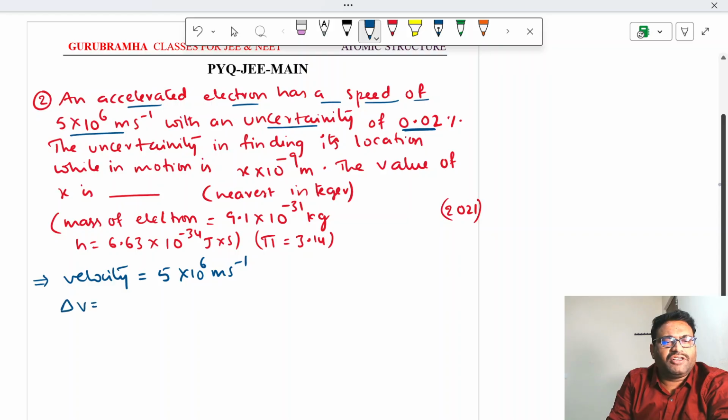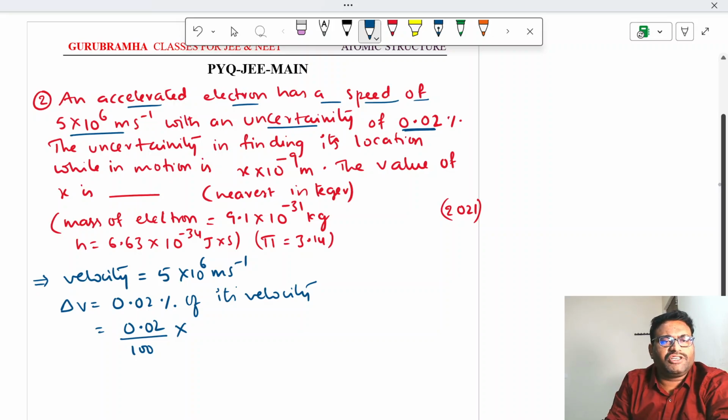So delta v is equal to 0.02 percentage of its velocity. So that is 0.02 by 100 into its velocity, which is given as 5 into 10 power 6 meters per second.